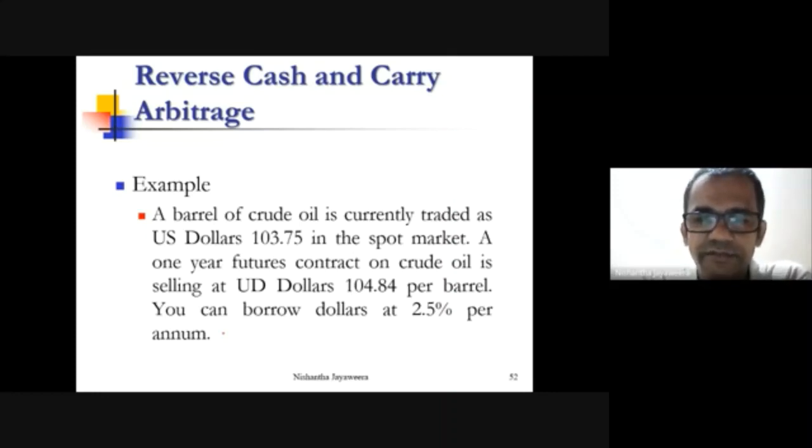You don't have that asset in your possession, but you entered into a sell transaction. That means you create a liability, a short position. But to meet that obligation, either you have to buy back the same asset before the settlement date and deliver it, or you have to borrow the asset and deliver to the buyer.